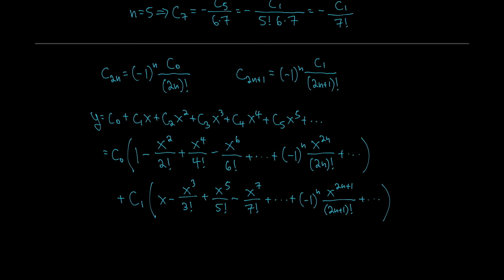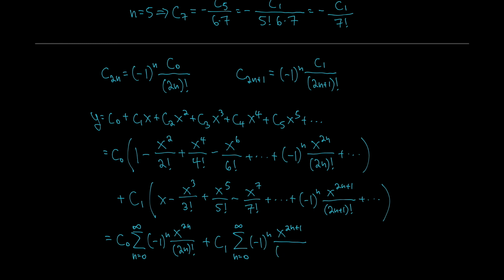So notice though that this thing could be written using sigma notation, as could this, so we could rewrite our y as c0 times the sum from n equals 0 to infinity of minus 1 to the n, x to the 2n over 2n factorial plus c1 times the sum from n equals 0 to infinity of minus 1 to the n, x to the 2n plus 1 over 2n plus 1 factorial.